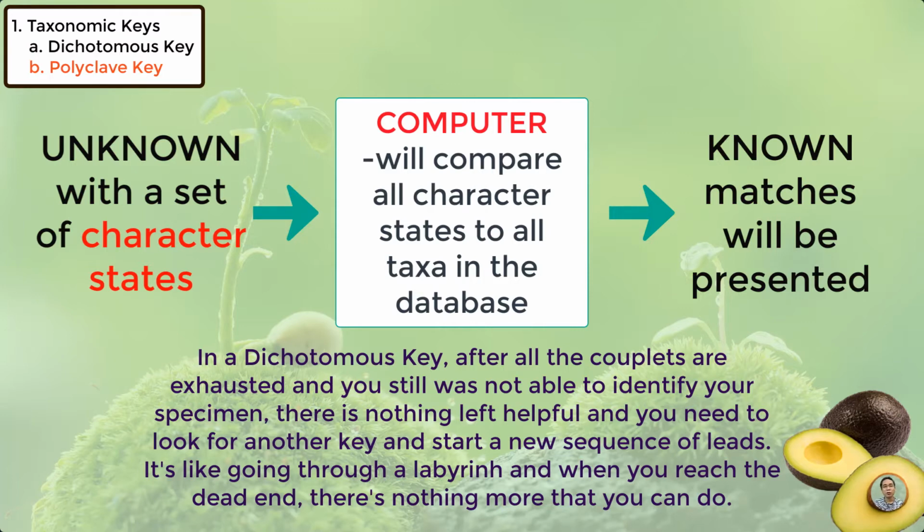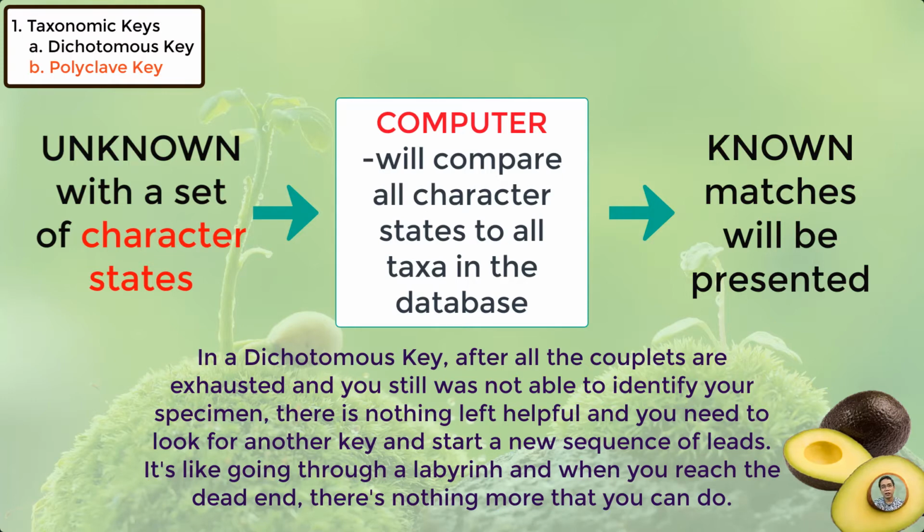This minimizes the potentially tedious process of starting back from scratch, for example, if your specimen happens to belong to another family, and you need to start again looking for a new key for that family. So there are already suggestions if you use the polyclave key.